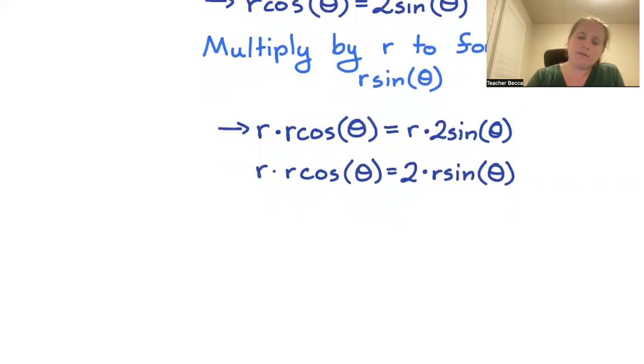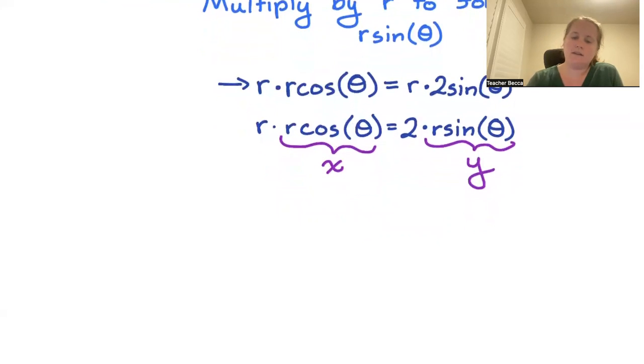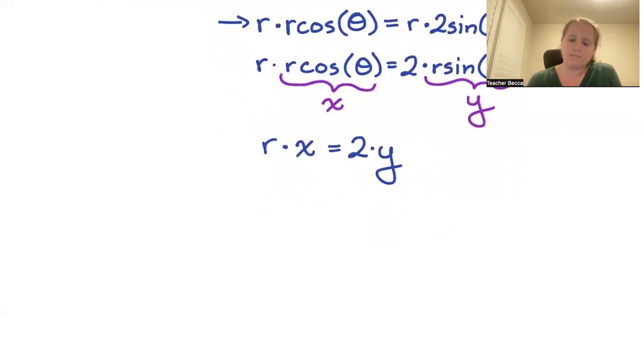Again, r cosine of theta is our x. r sine of theta is our y. So we now have r times x is equal to 2 times y. Furthermore, we know that r squared is equal to x squared plus y squared.